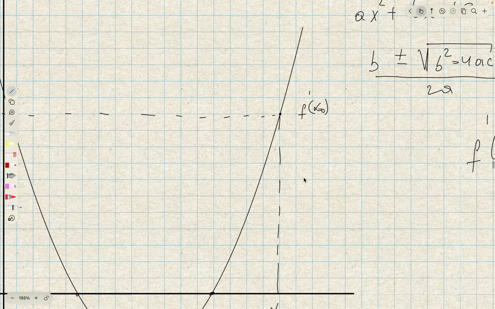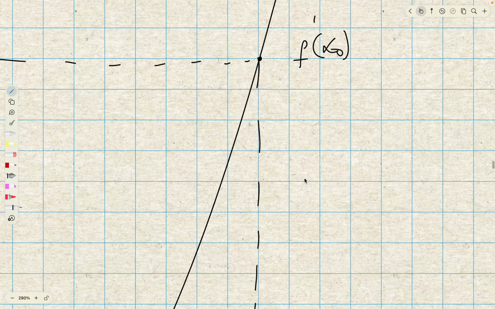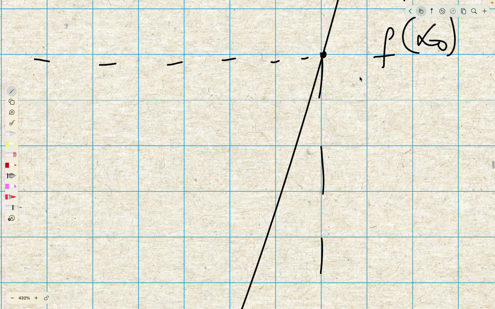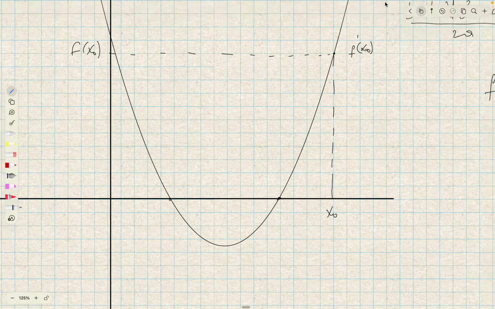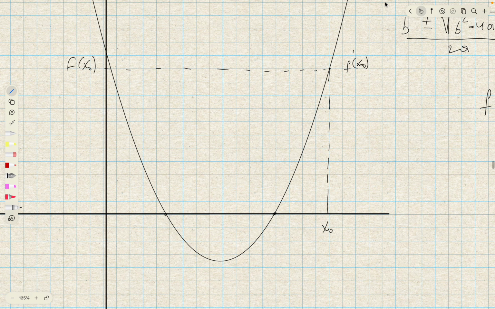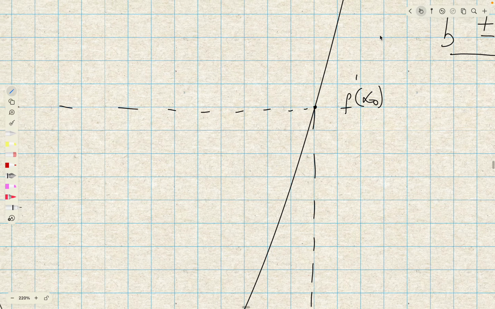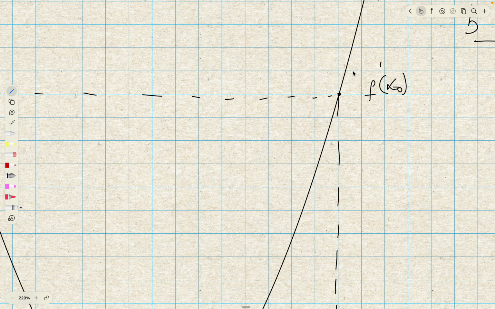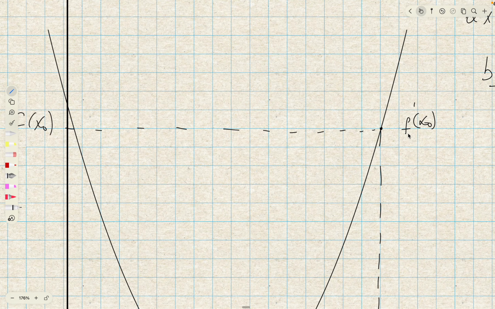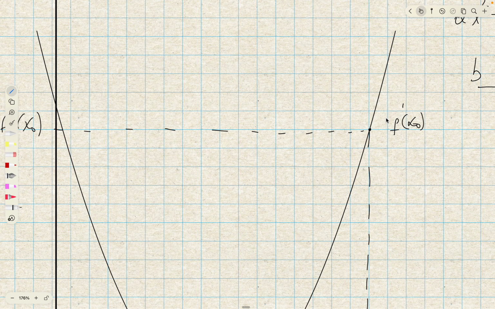We have x0, we have the point, we have the slope, and let's try to draw a line whose slope is the same as this one.